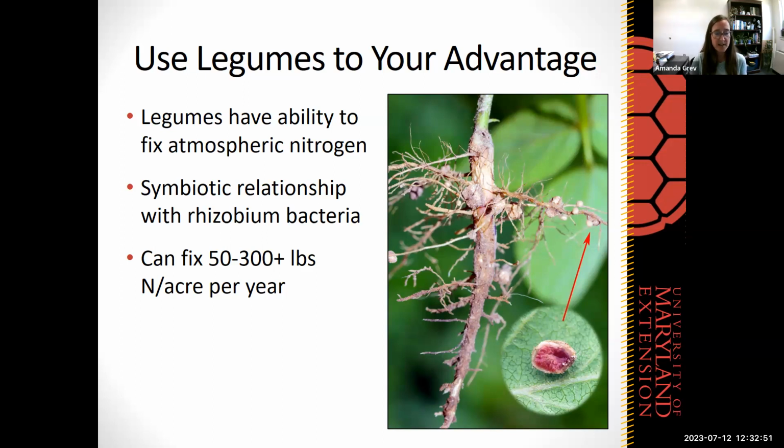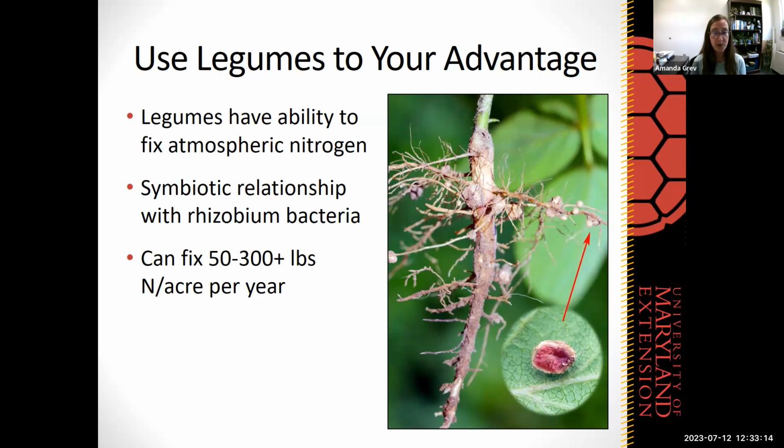And just a fun fact, this image on the right is showing a picture of a legume with the nodules on the roots. So that's where those rhizobium bacteria live, and that's where the nitrogen fixation process happens. And if you were to cut one of those little nodules open, what you're seeing in the bottom right there is the inside of a healthy root nodule.